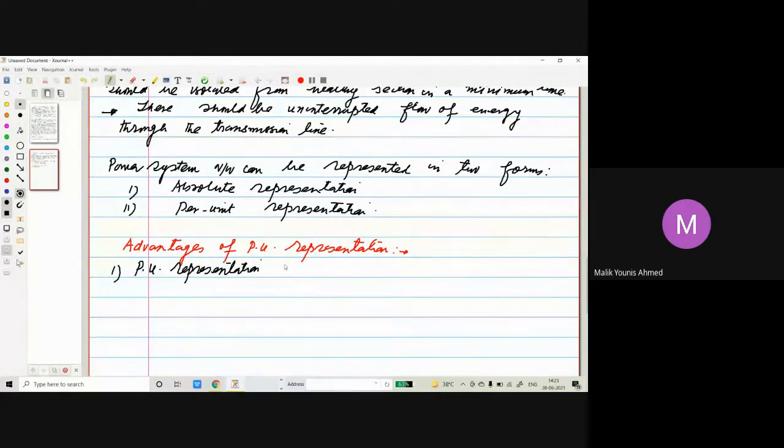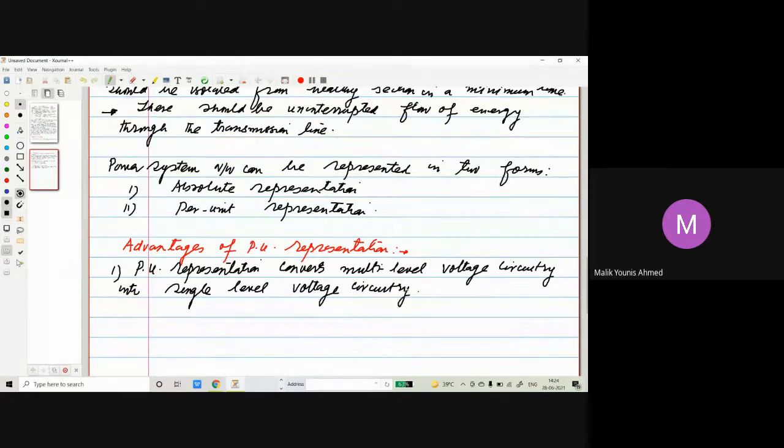Converts multi-level voltage circuitry into single level voltage circuit. So per unit representation will convert multi-level.